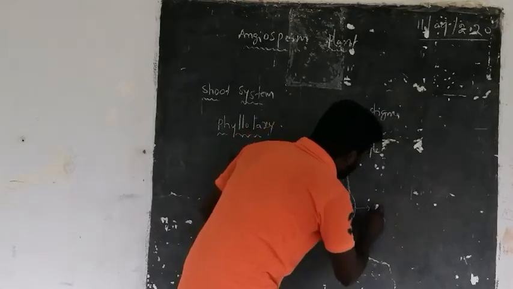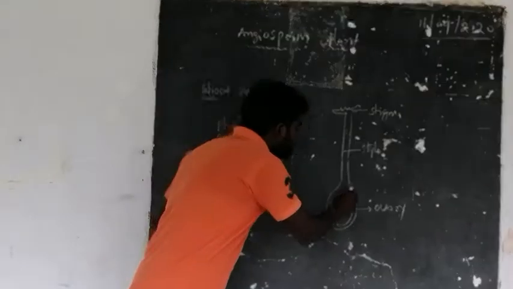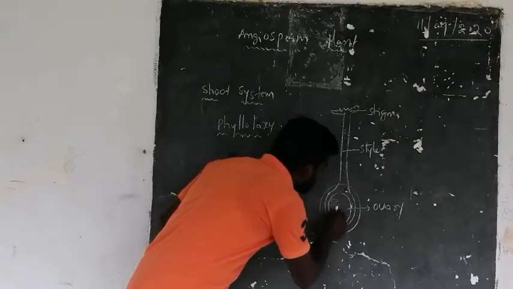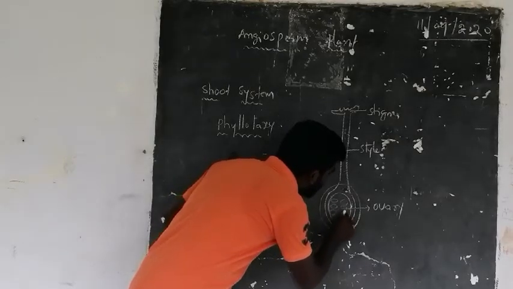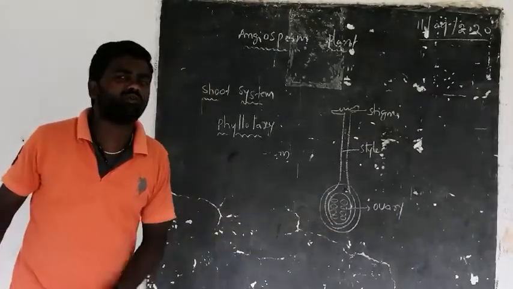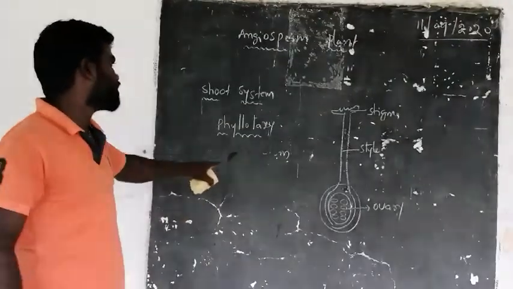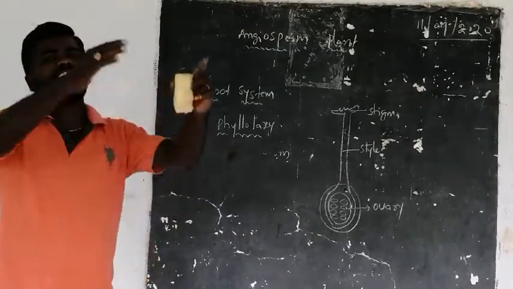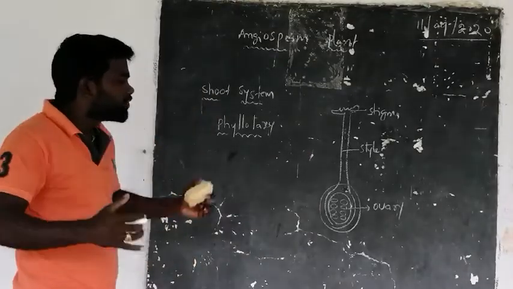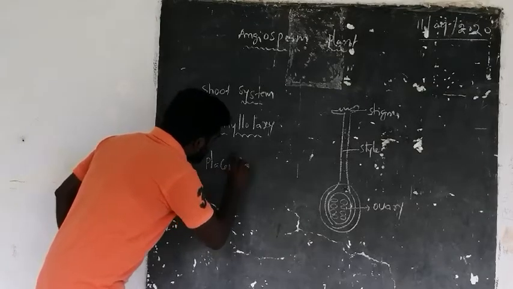Inside this ovary, ovules are present, and this arrangement of ovules within the ovary is called placentation. So one more thing you have to remember: first, phyllotaxy, the arrangement of leaves, and second, placentation.